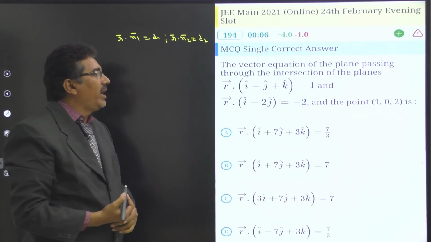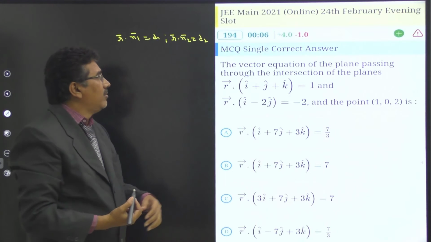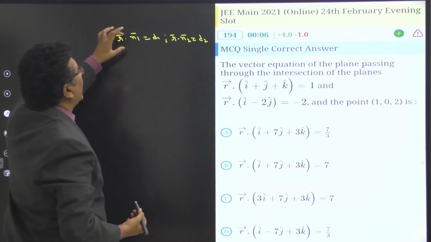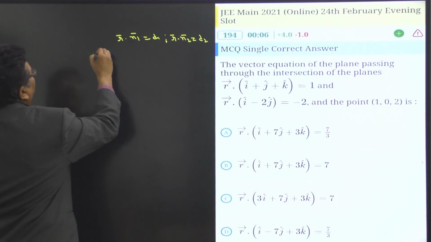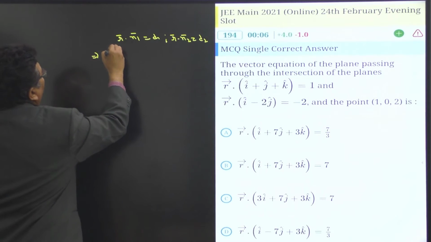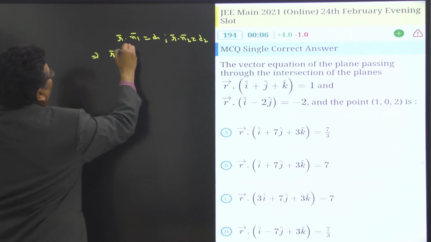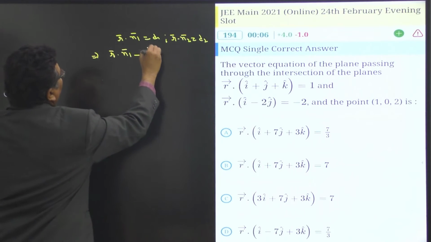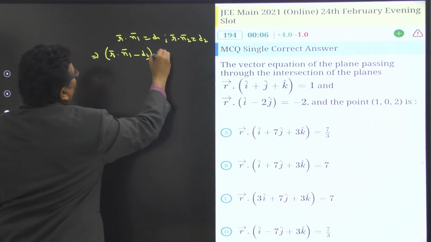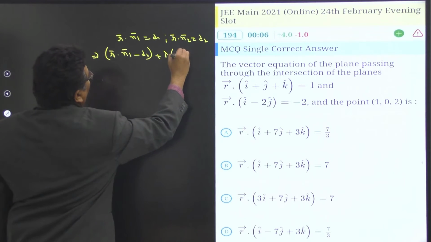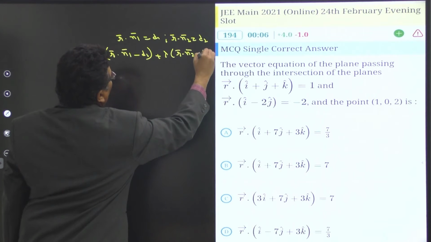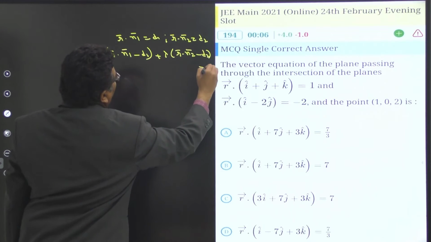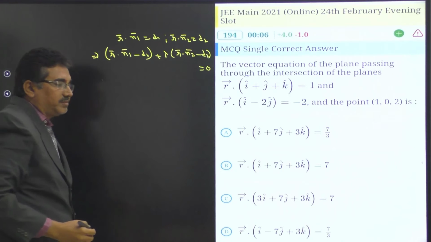The required equation of the plane passing through the intersection of these 2 planes is of the form R bar dot N1 bar minus D1 plus lambda times R bar dot N2 bar minus D2 is equal to 0.